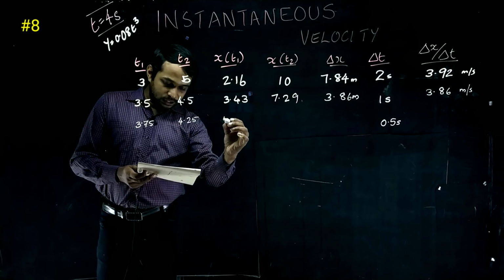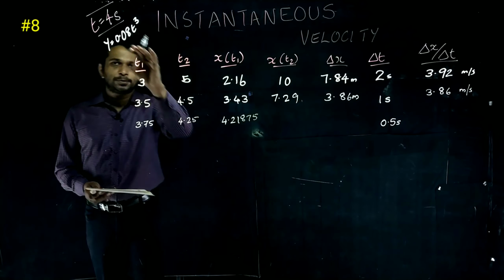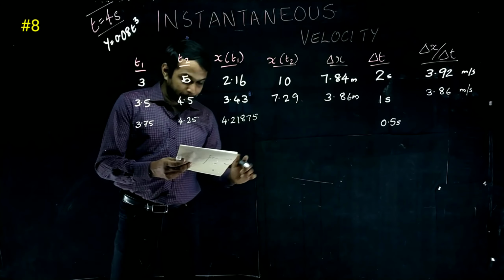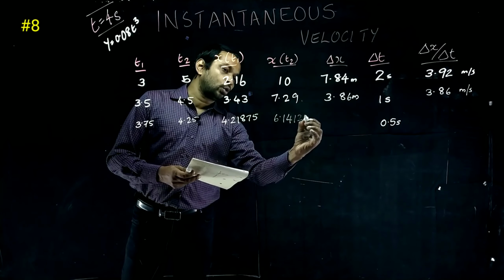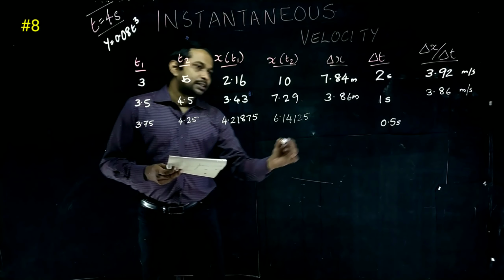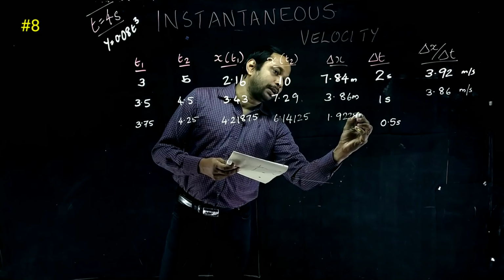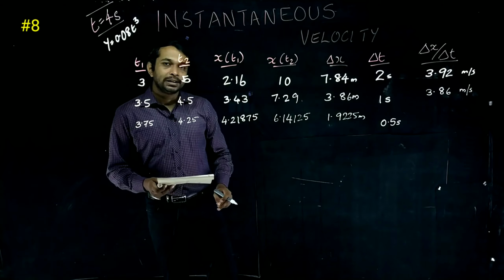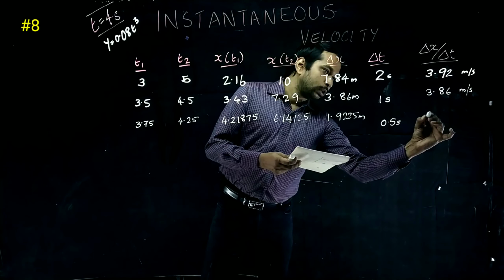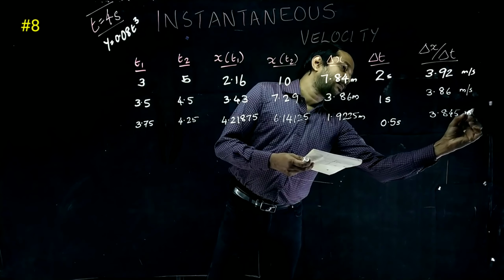Correspondingly, the distance is 4.21875, just substitute it here, that's all, and 6.14125. The distance traveled is 1.9225 meters, and the velocity is 1.9225 divided by 0.5, which will give you 3.845 meter per second.